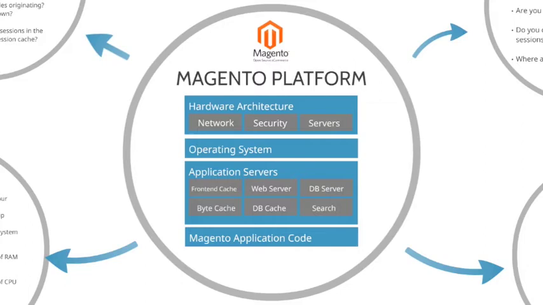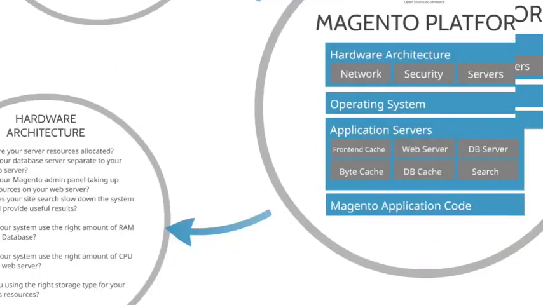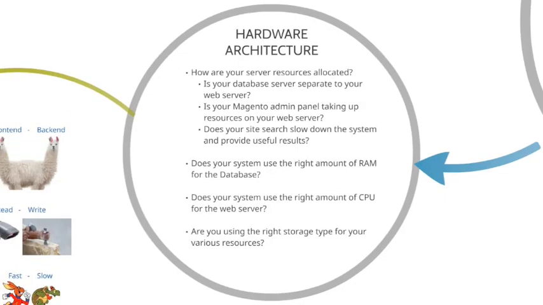So what does all of this involve? The first part is the hardware architecture. So asking how your server resources are allocated, whether your database server is separate to your web server, whether your Magento admin panel is chewing up resources when you guys are uploading images and products to it that should be really being reserved for your customers at the front end, whether your site search is slowing down the system, which is quite common.